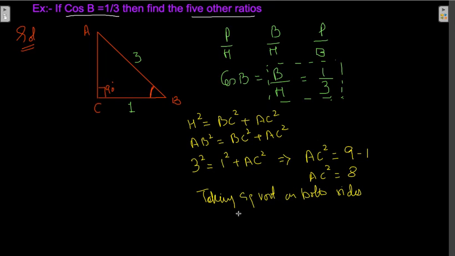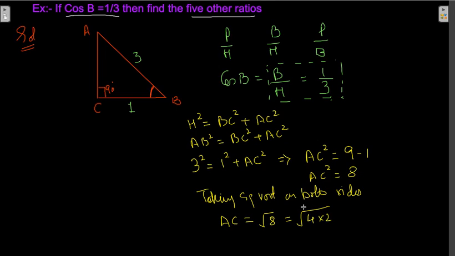So AC square becomes AC, and this is equal to the square root of 8. What are going to be the factors of 8? We could have straightaway written the square root of 8, but again, I just want to go into a little more detail. Square root of 8 will be equal to the square root of, let's factorize it, 4 into 2.